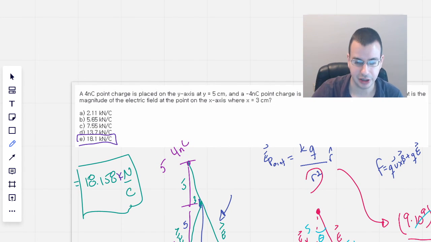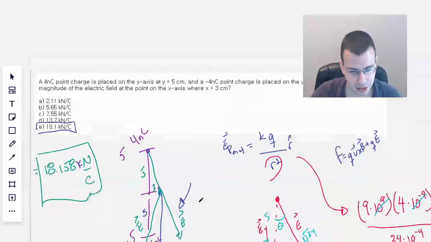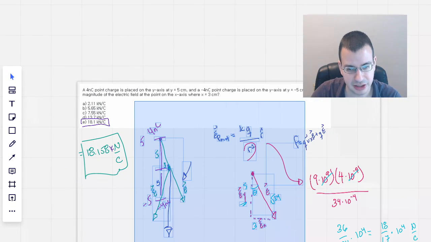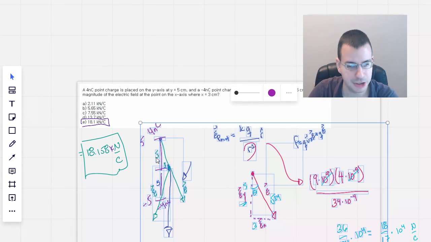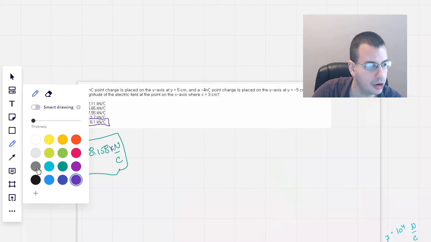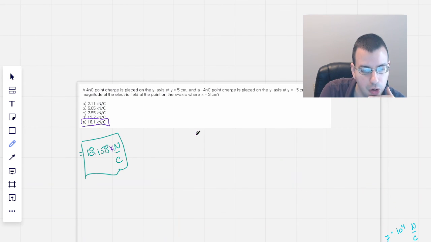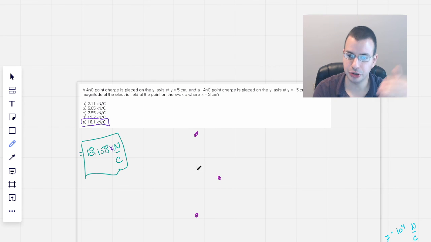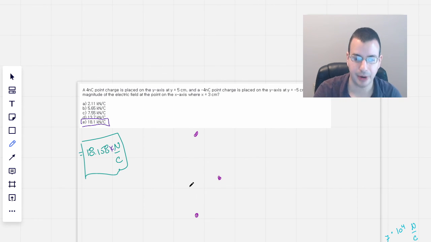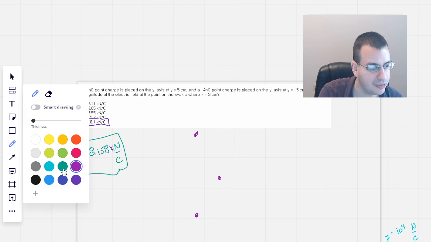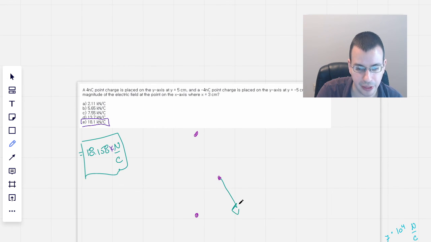Let's backtrack and see what we did here. I'm going to erase these. We had 3 particles, 1, 2, 3. It was symmetrical with respect to the x-axis, top and bottom. So the top particle provided an electric field going this direction, and the bottom particle provided an electric field going that direction.